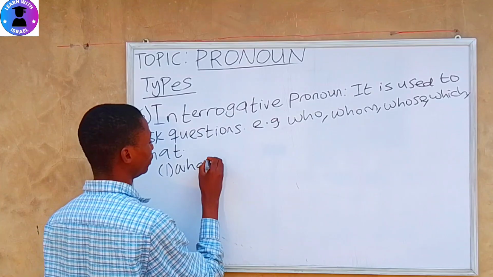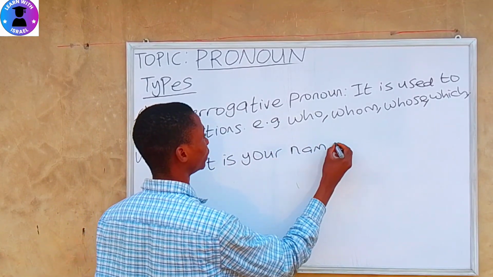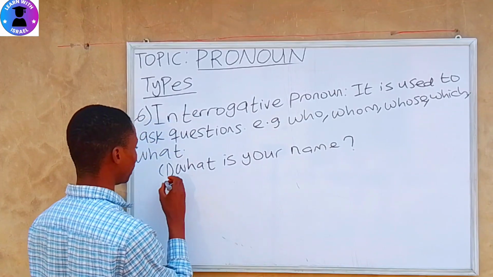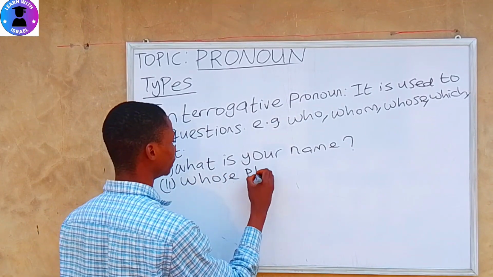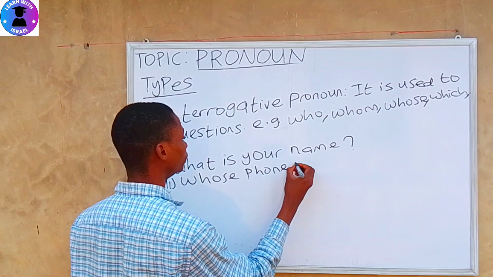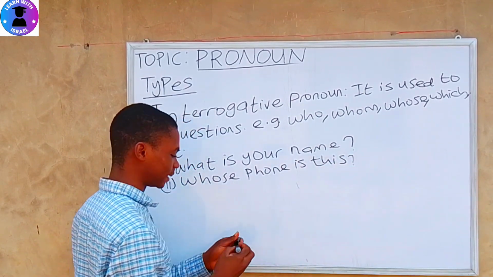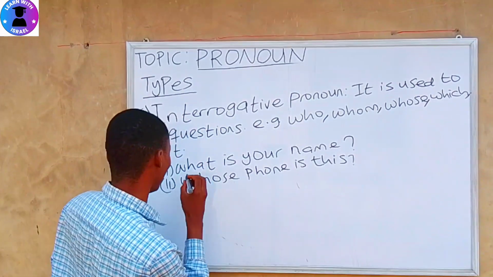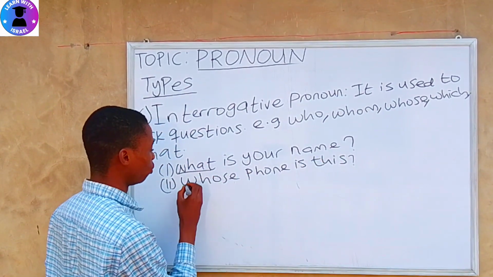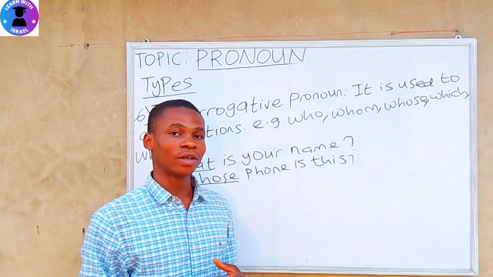What is your name? That is a question. And you can ask another one: whose phone is this? An interrogative pronoun always starts a sentence because we are asking a particular question. So we are done with interrogative pronoun.